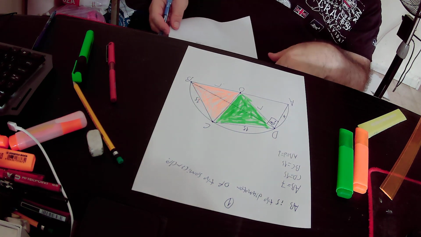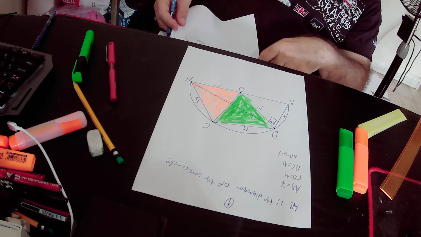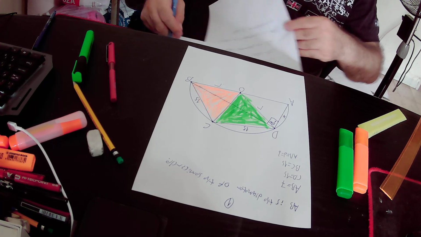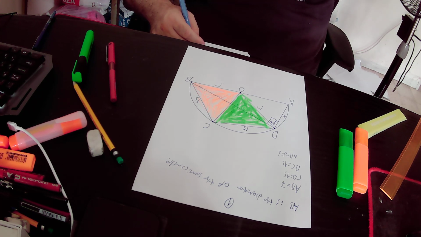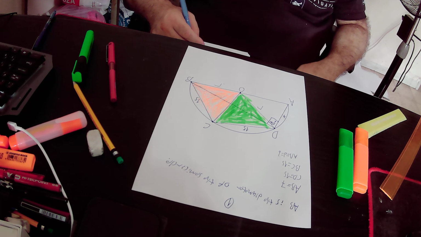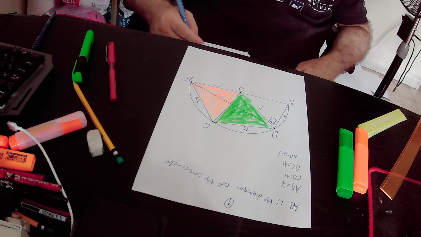Side rule states that if all the sides of one triangle are equal to all the sides of another triangle, then those two triangles are congruent to each other according to side rule.